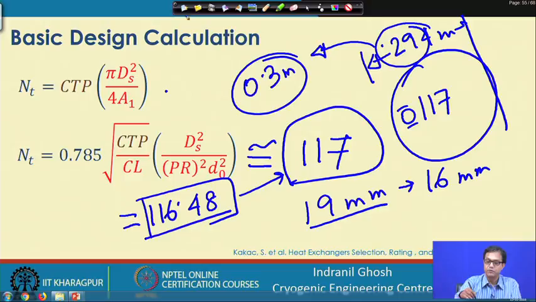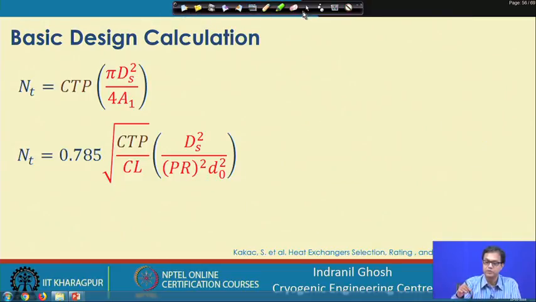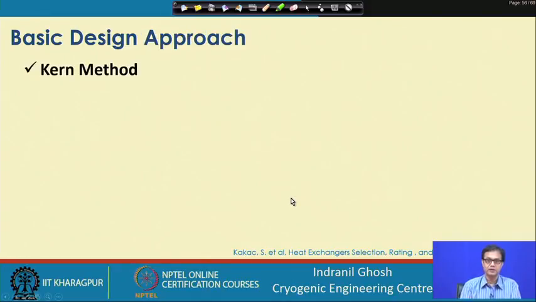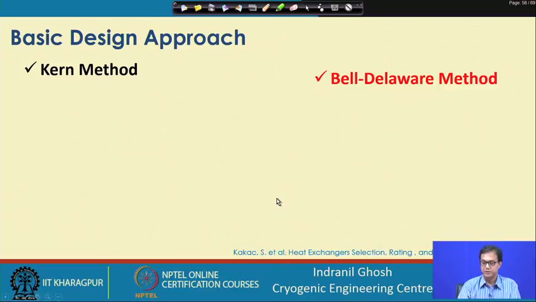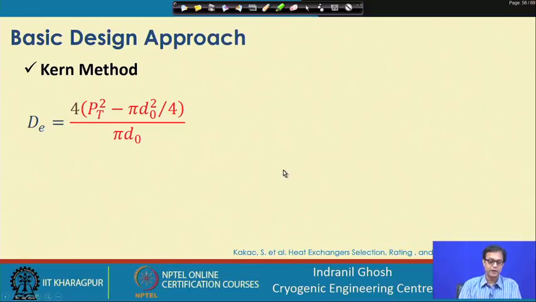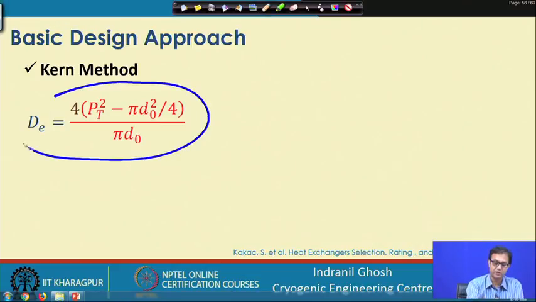So, for that what we need to do is that we are having two different techniques. One is the Kern method, popularly known, and another one is the Bell-Delaware method. So, we will not talk about this method in this lecture, and we will just briefly talk about the Kern method, where the estimations are based upon the equivalent diameter, where we can find this equivalent diameter.